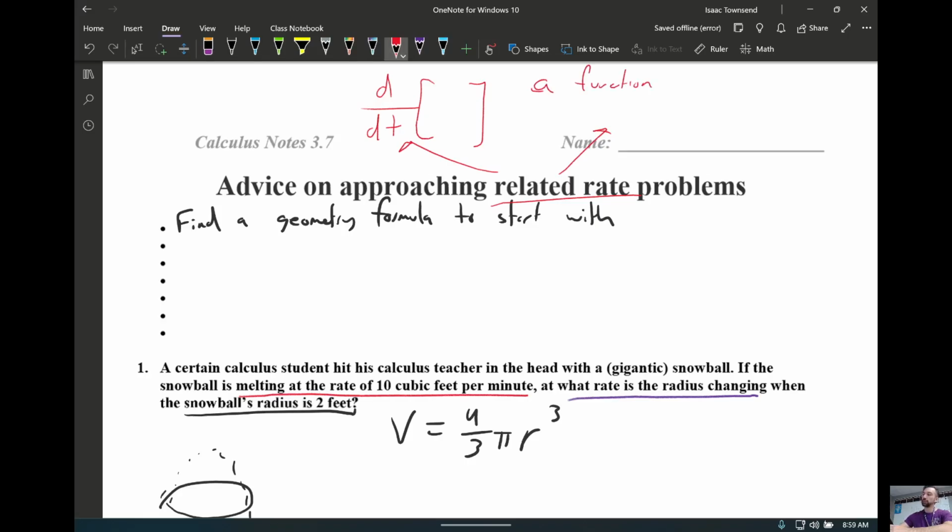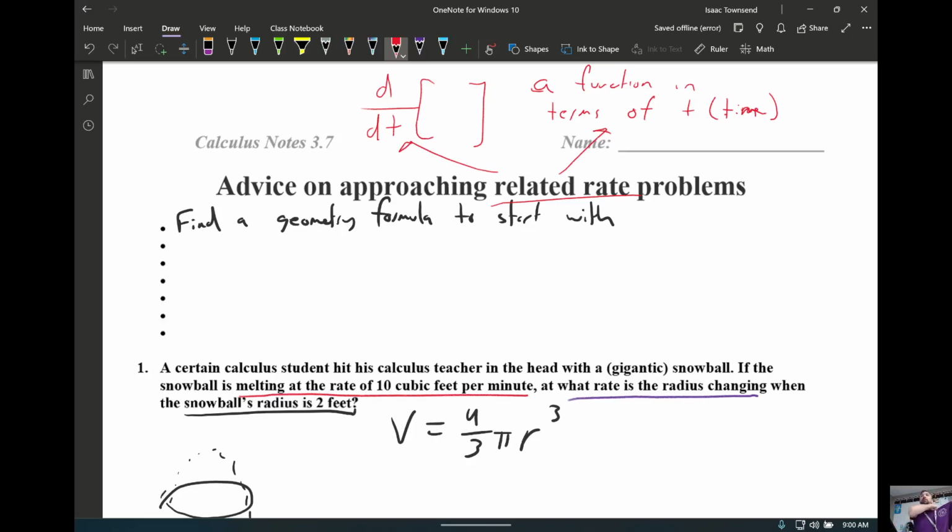That's how we would normally say it. So if you're asked to take the derivative with respect to time, or if you're told the function is in terms of t, time, the next thing we need to do is actually take the derivative here.